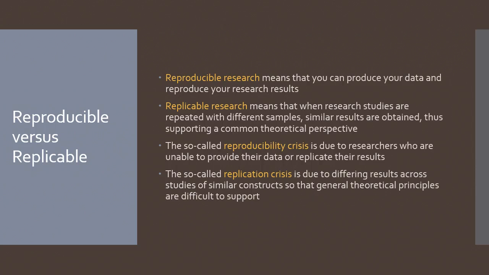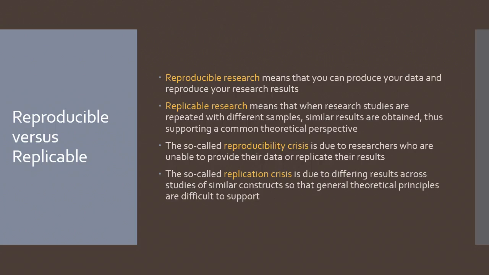That's due to getting different results across studies of similar constructs so that general theoretical principles are difficult to support. So one of these has to do really with the research process, and the other has to do with building knowledge in the discipline. We're looking at the former of these right now.